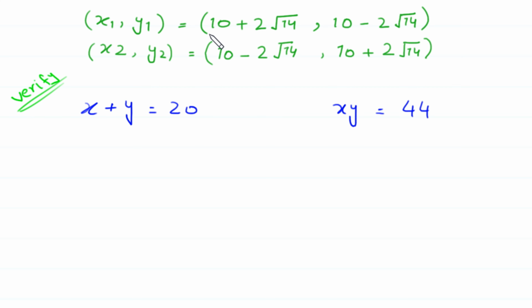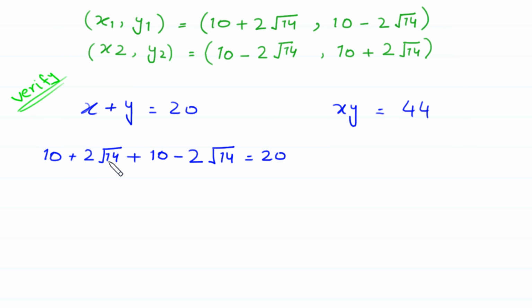The value of x is 10 plus 2 times square root of 14, plus the value of y, 10 minus 2 times square root of 14, is equal to 20.